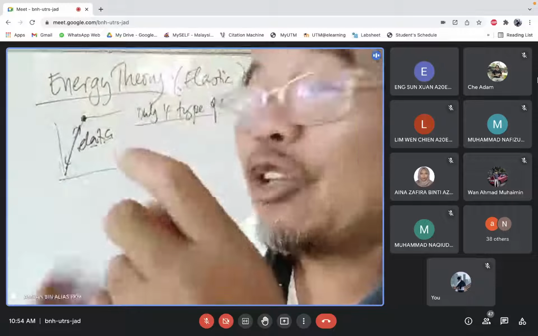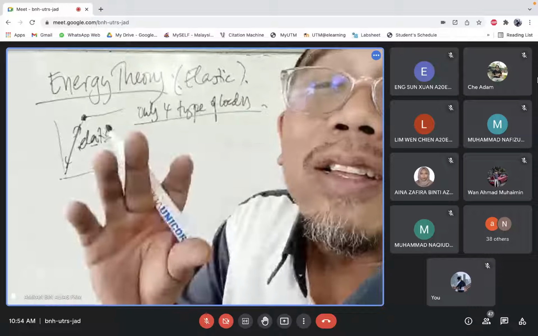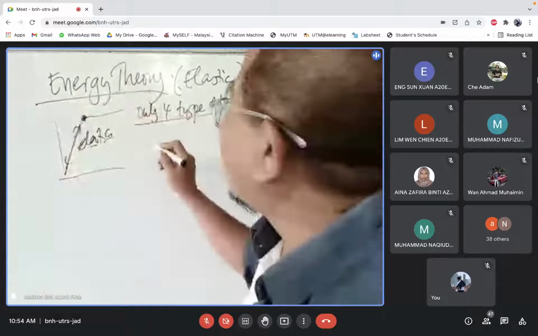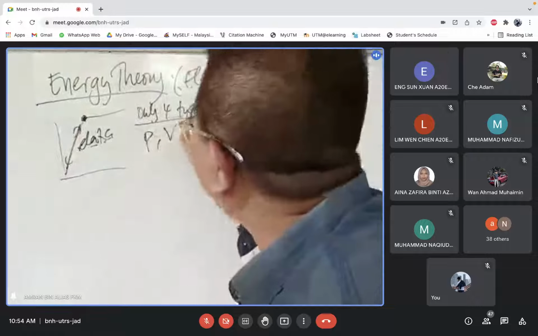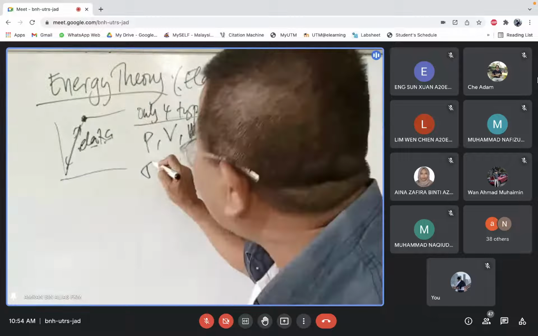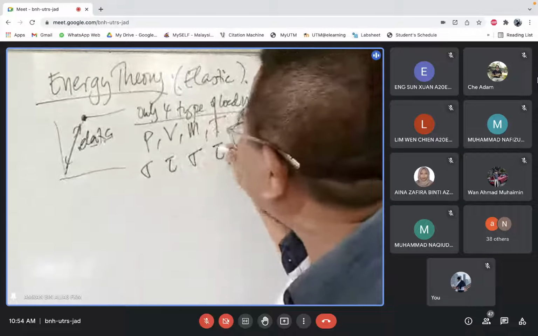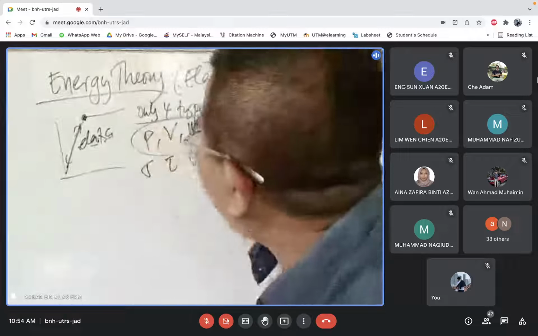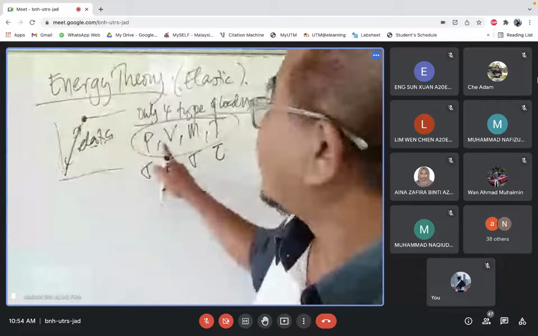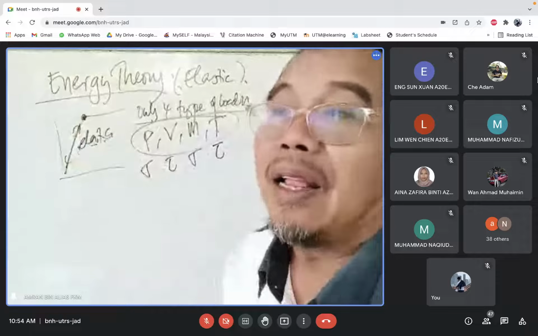It's not straightforward. This is the problem in your learning. We have only 4 types of loading: P, V, moment, torsion. This produces stress, this produces shear stress, this produces stress, this produces shear stress. The loading is only 4: axial load, shear load, moment, torsion.